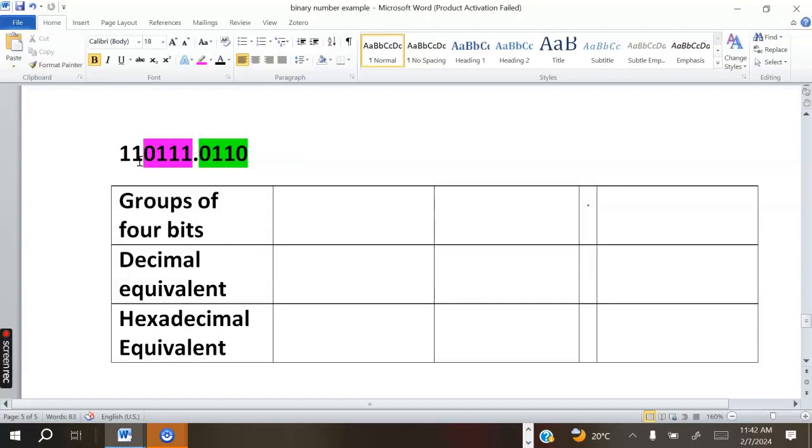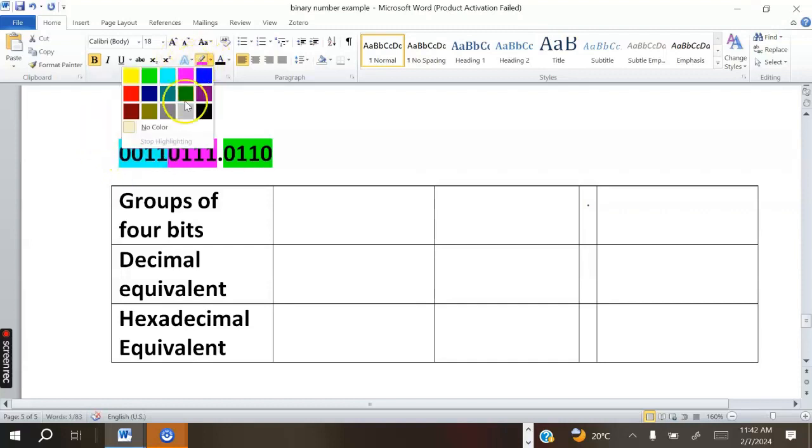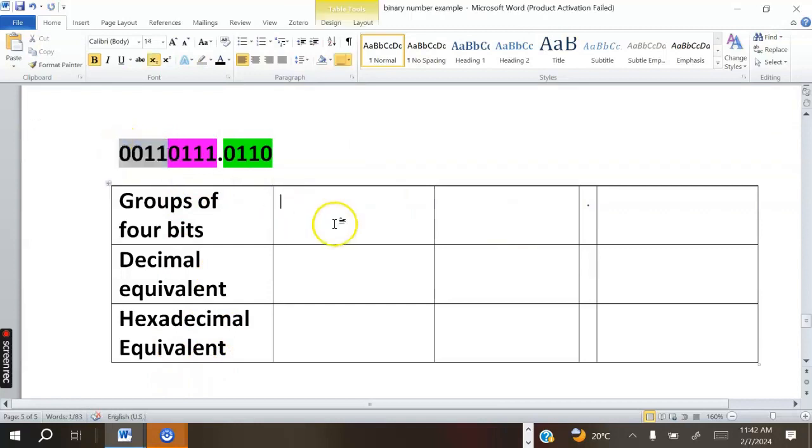As per the rule, if the bits are less than 4, add 0 to the left of the bits in the integral part. So the left is supposed to be 0, 0. So we now have another batch with 4 digits.